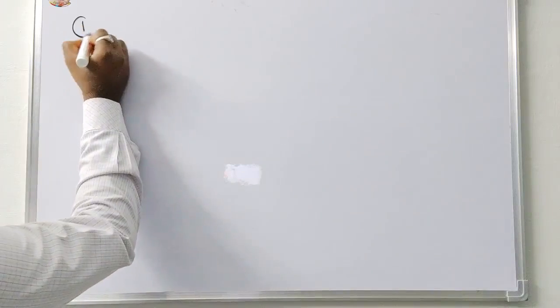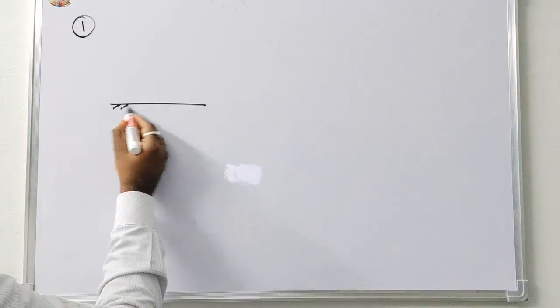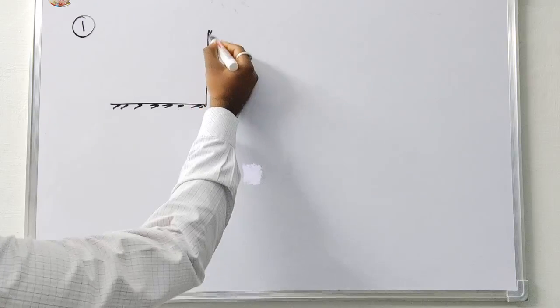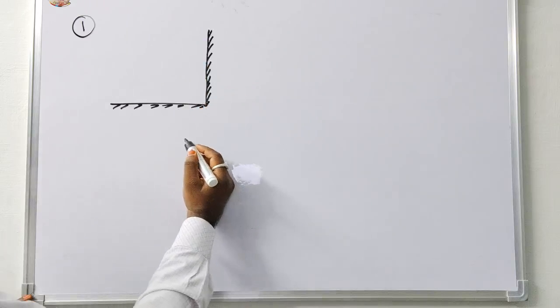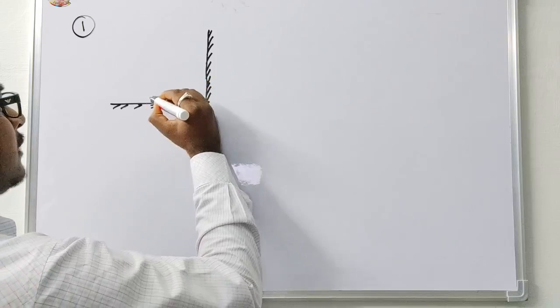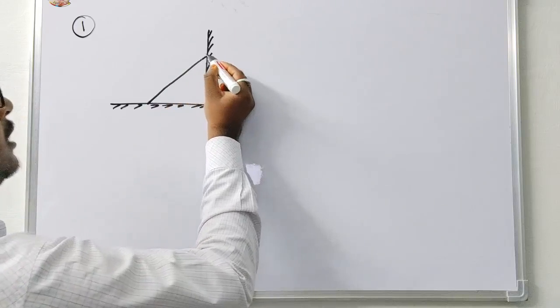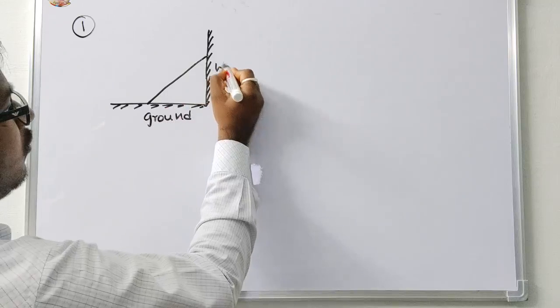Just for example, students, let us consider a ladder in contact with the ground and a wall. This is the ground surface and this is the wall.